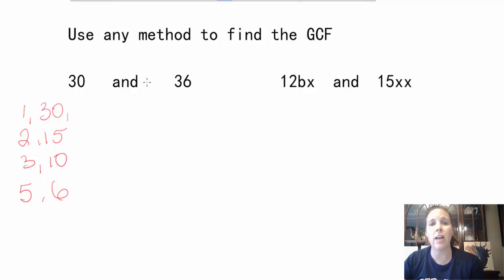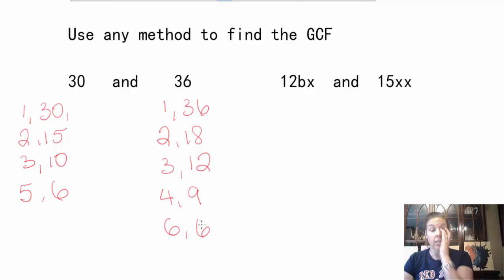Okay, so we know these are the factors here. This is 1 and 36, 2 and 18, 3 and 12, 4 and 9, 6 and 6.